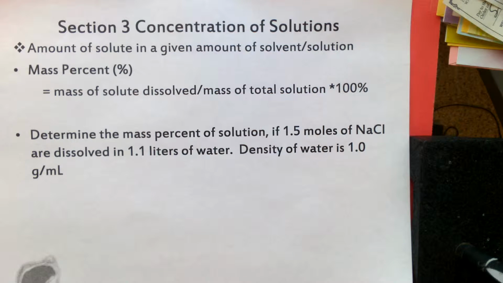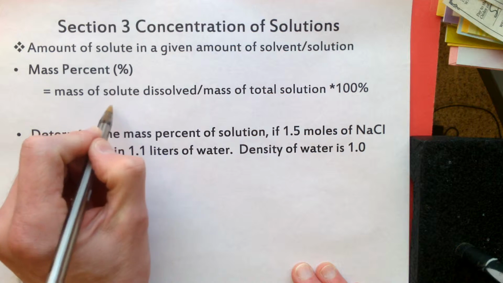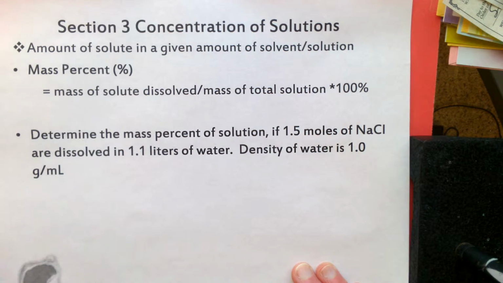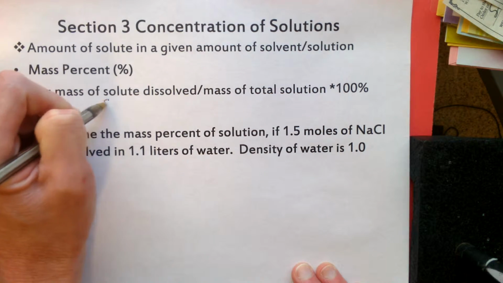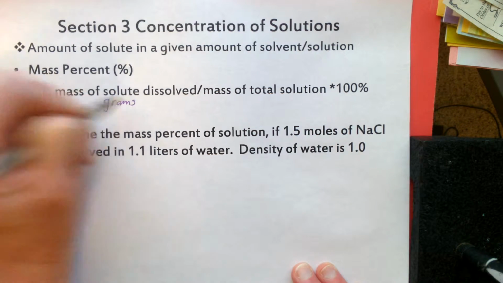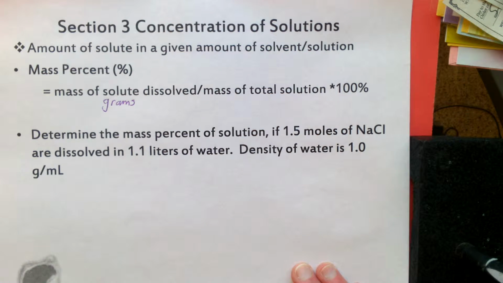Okay, so we've already discussed molarity and molality. Now let's look at mass percent. Mass percent is simply just what its title is. You want the mass of the solute, the dissolved substance, which might be in grams, and we're going to divide that by the mass of the total solution.